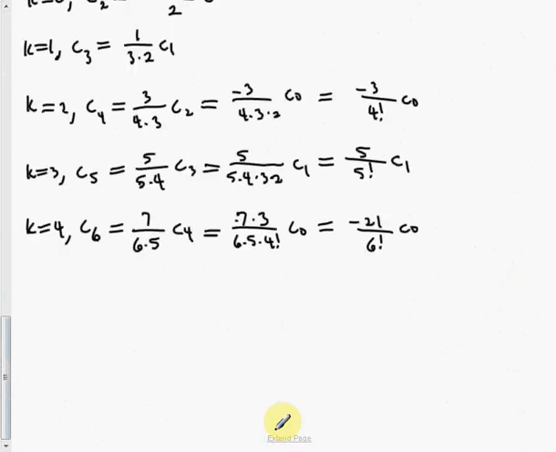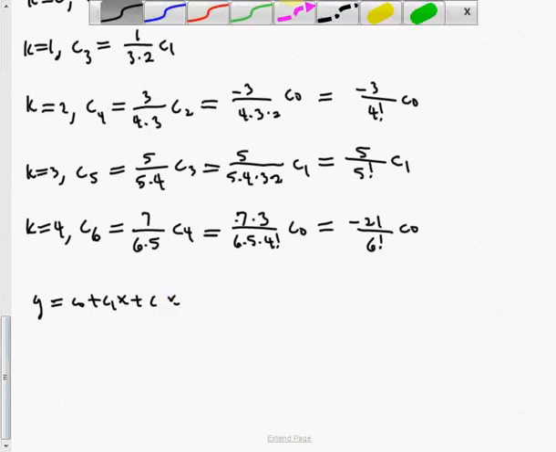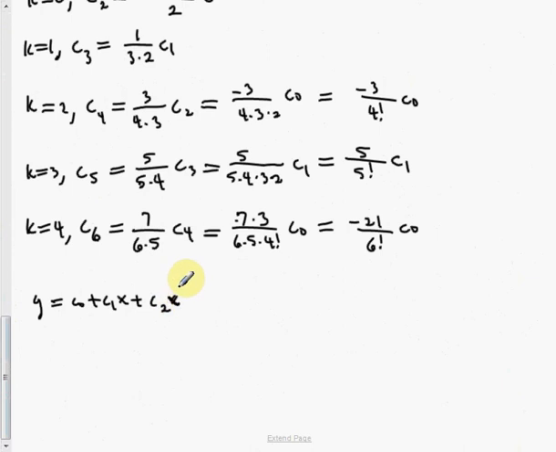So now let's see if we can write the answer. That theorem says that if you're evaluating the solution about an ordinary point, you ought to have 2 solutions. So let's see if we get that. You write your solution as always, y equal to C naught plus C sub 1 times x plus C sub 2 times x squared plus C sub 3 times x to the third plus and so on.